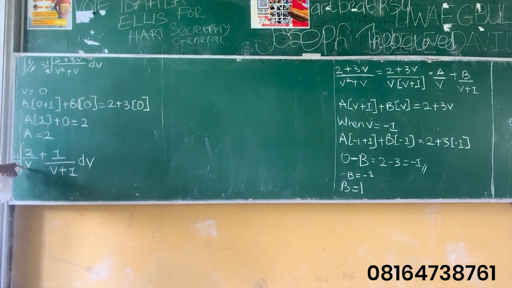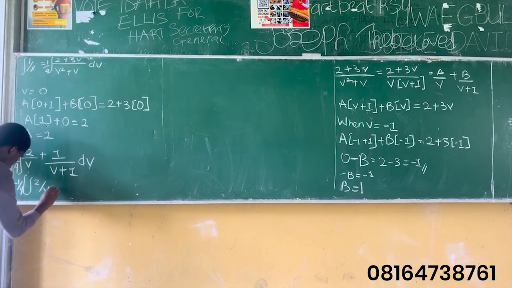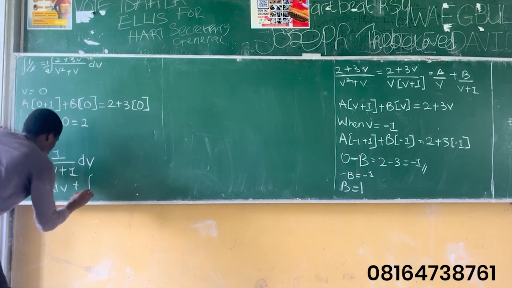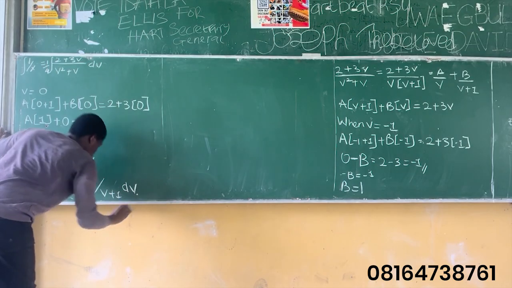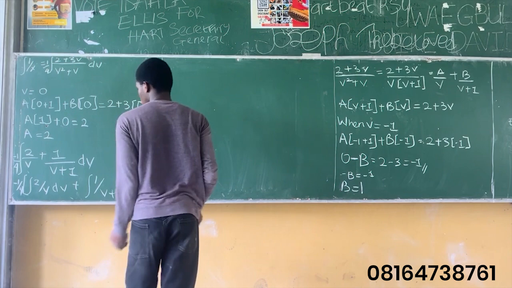We are going to be integrating this separately. So it's going to be minus 1 over 4 integral of 2 over v dv plus integral of 1 over v plus 1 dv.